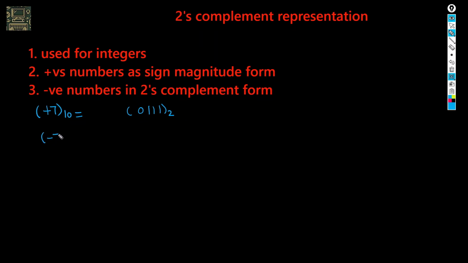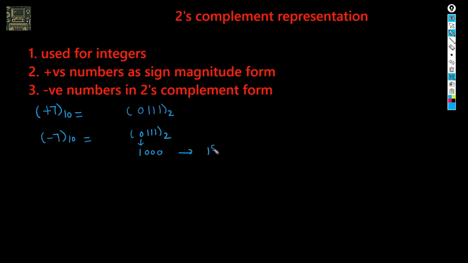Now, if we represent minus 7, then first we will represent the number in positive form. Then we will calculate the ones complement. How to calculate the ones complement? We will simply invert the bits. So this will become 1000.